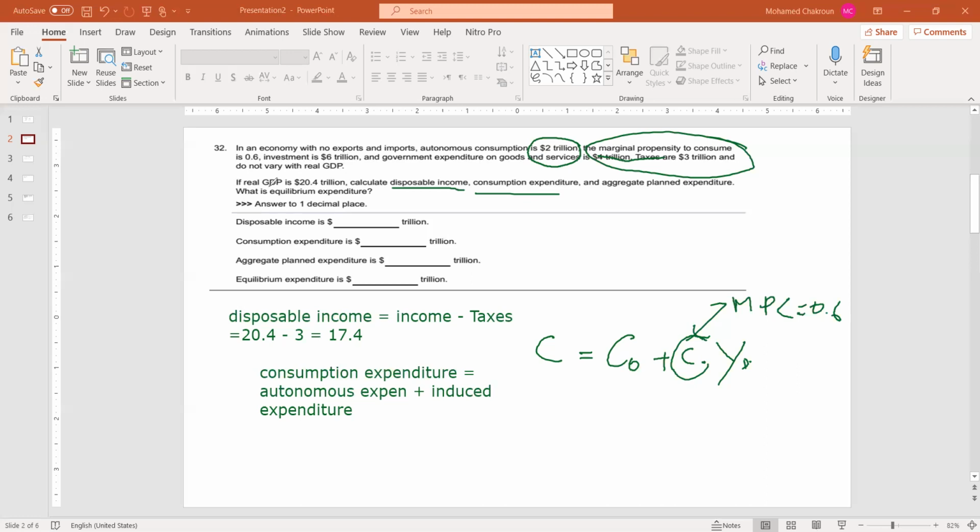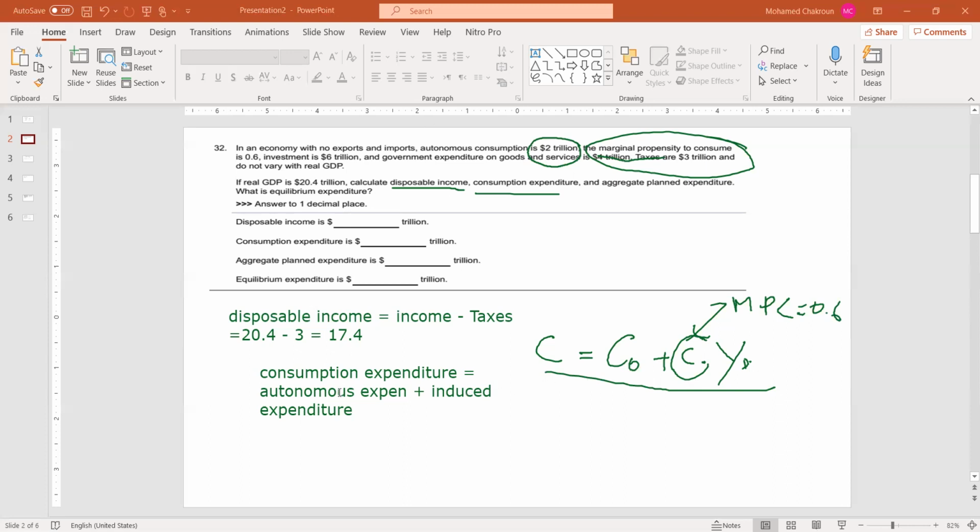So if we apply this formula, consumption expenditure is equal to 2 trillion plus 0.6 times disposable income.